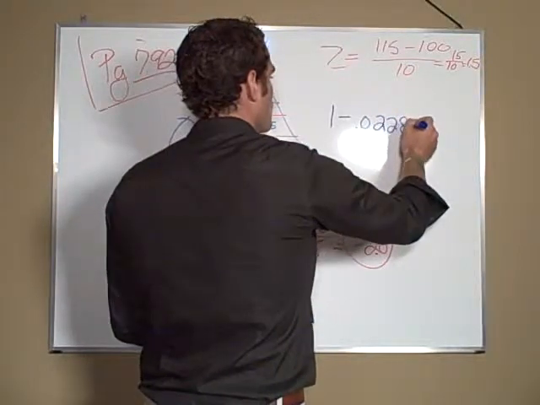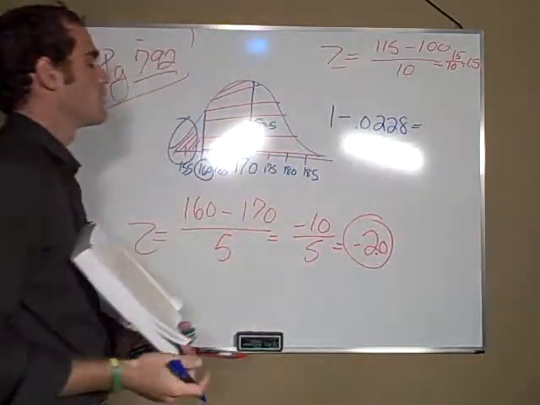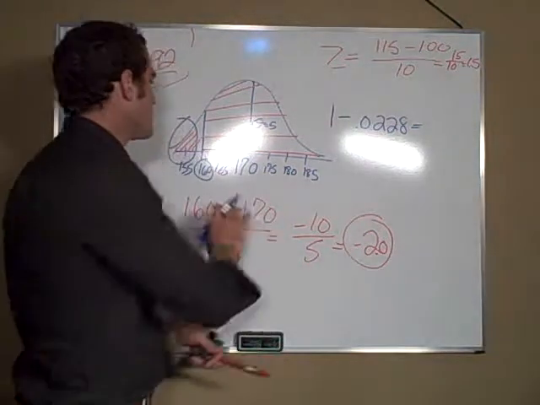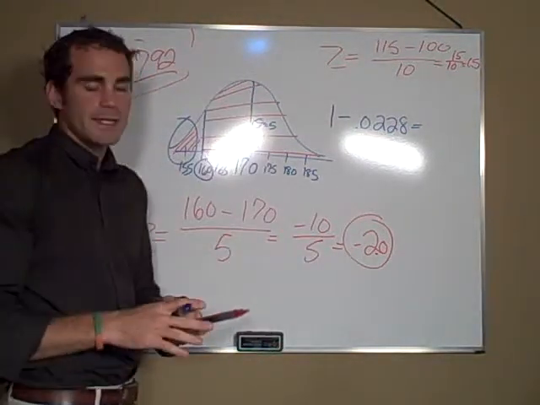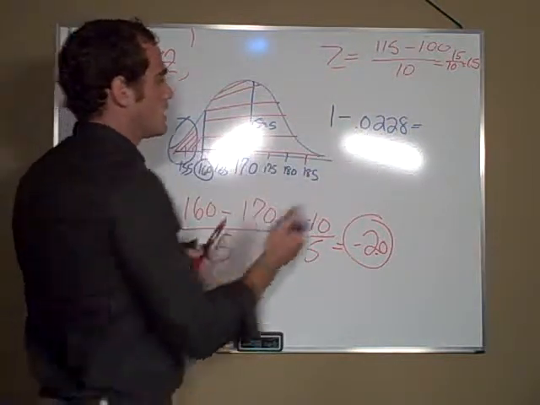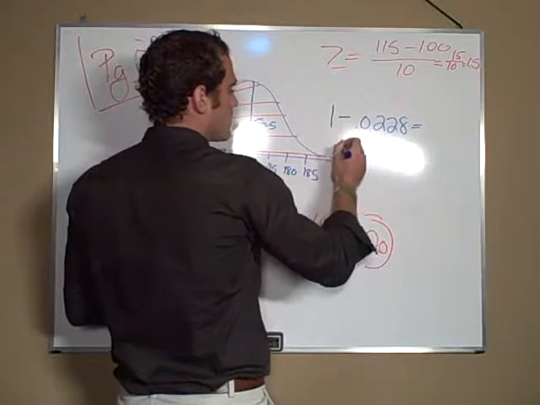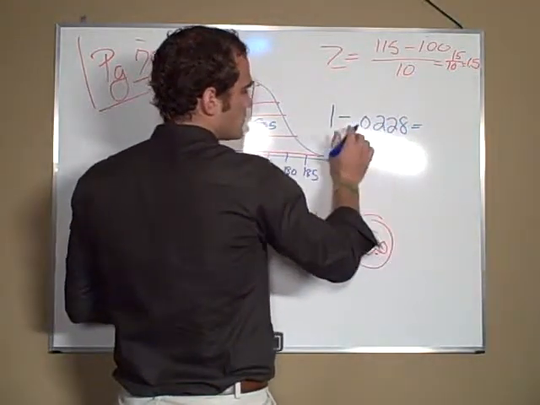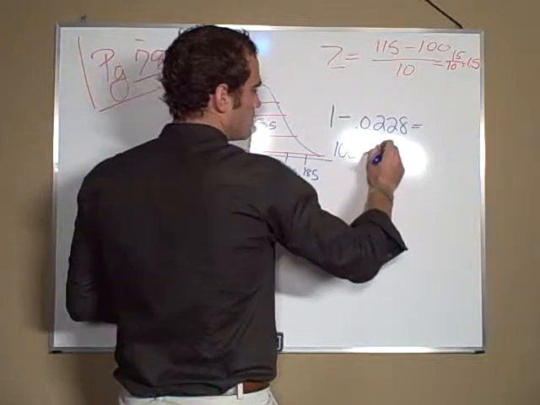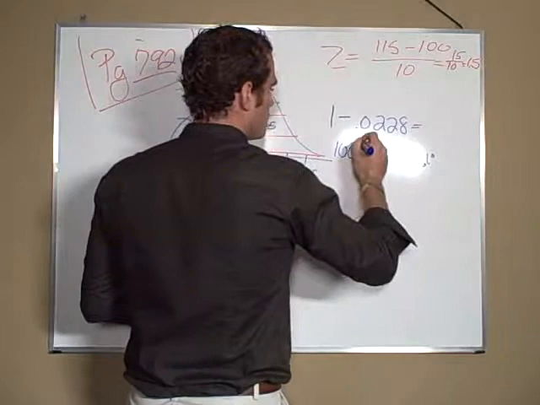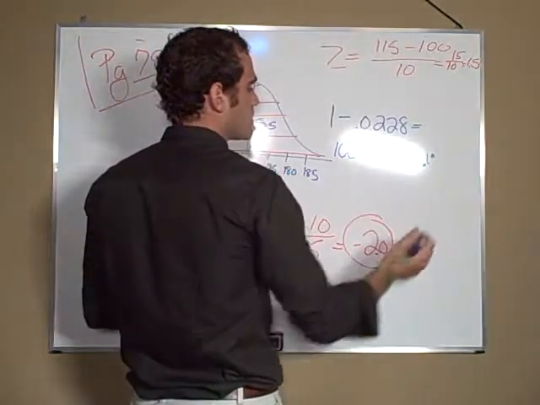Now, I subtracted from 1 because this is percent, and I know that these are in decimals. I could convert them to percents, and I could say 100 minus, move your decimal 2 spots, 2.28%. 100% minus 2.28%.